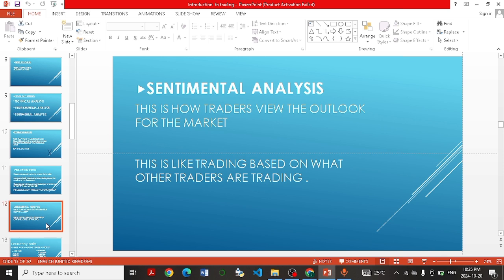Sentimental analysis, this is how traders view the outlook for the market. This is like trading based on what other traders are trading. So sentimental analysis is mostly for traders who trade based off signals. Some people don't do their analysis by themselves. They trade based off what other traders are doing, what's trending.